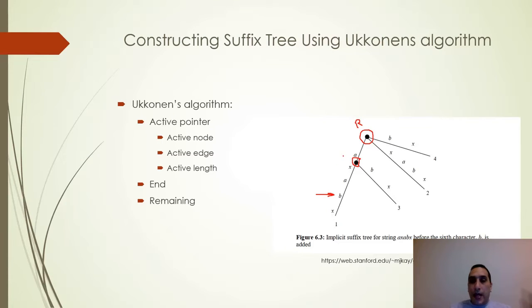Let's give it a label L, for example. So if we're going to work on the character B, this leaf edge actually belongs to node L. So therefore the active node is going to be set to L.